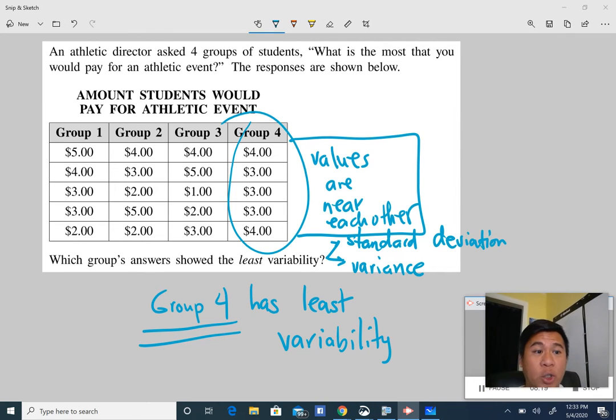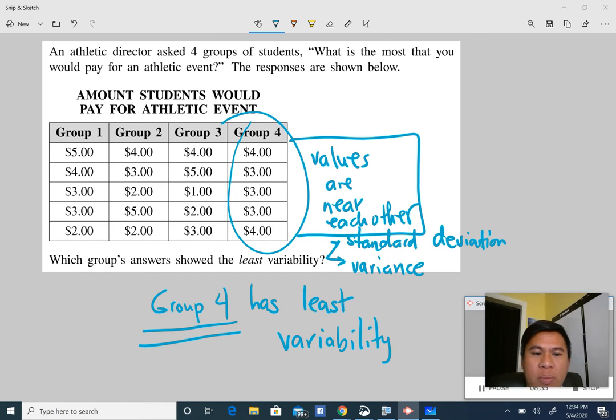So once again, we have seen that group 4 has the least variability. And as we noticed, those values that are near each other or close to each other have the least variability.